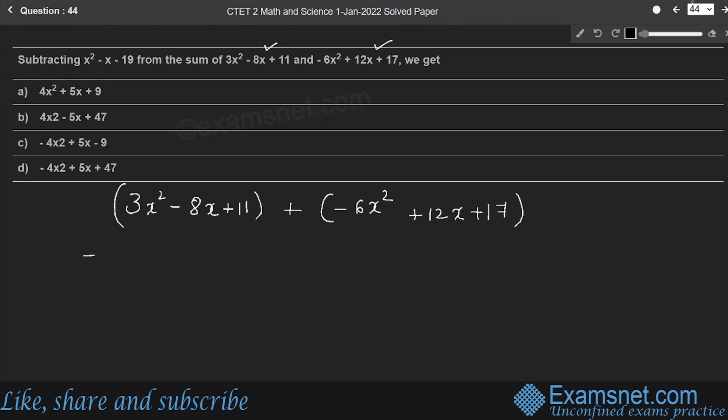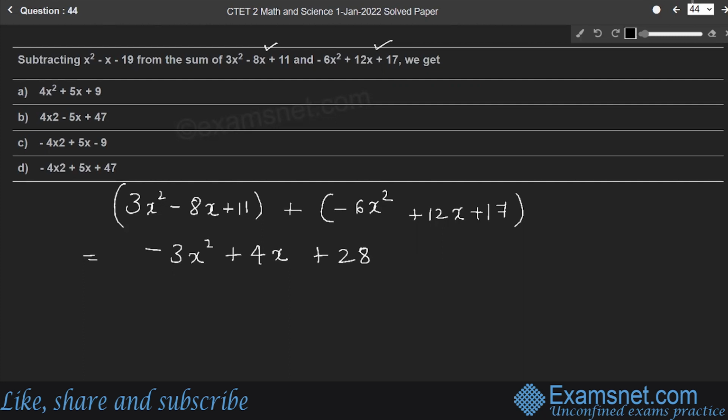So 3x square minus 6x square is minus 3x square, minus 8x plus 12x is plus 4x, plus 11 plus 17 is plus 28.